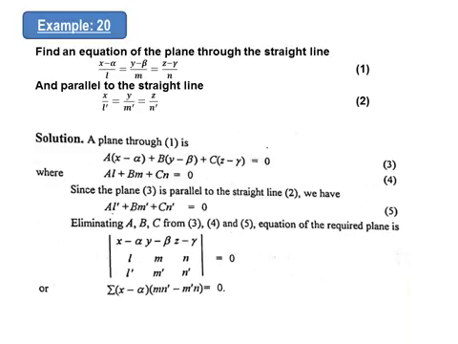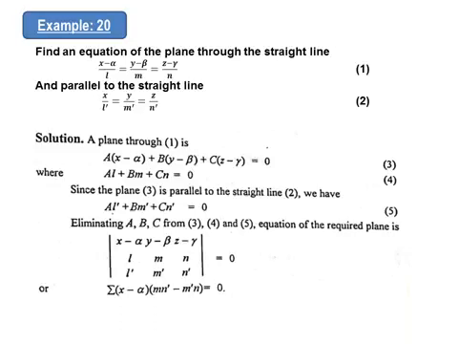So a plane which is passing through equation number 1 is given by a(x - alpha) + b(y - beta) + c(z - gamma) = 0.